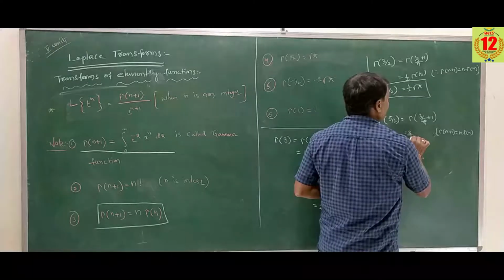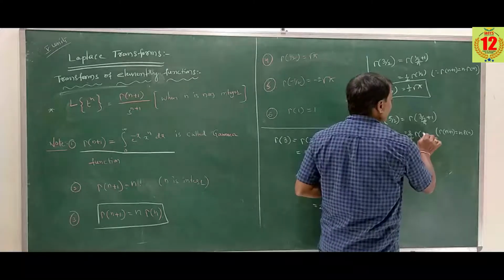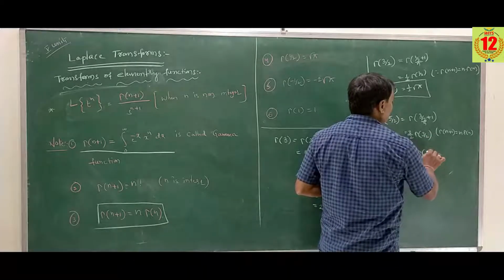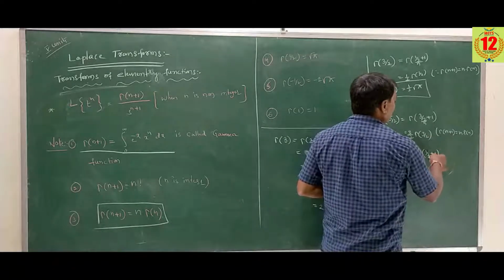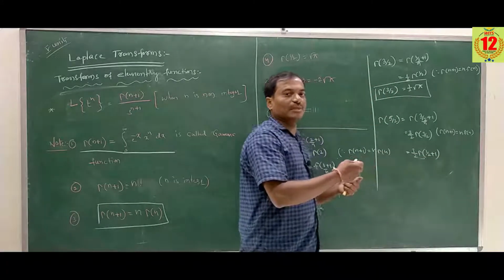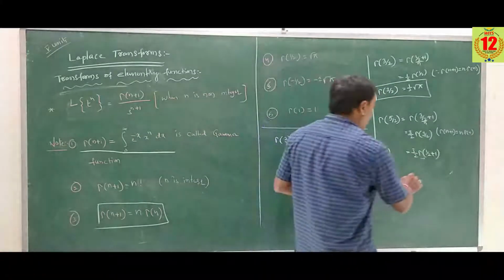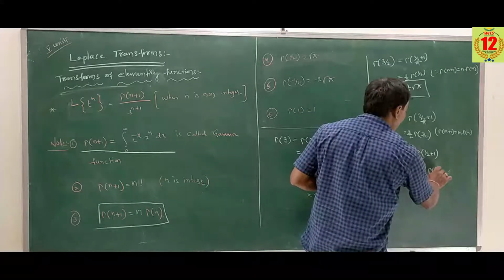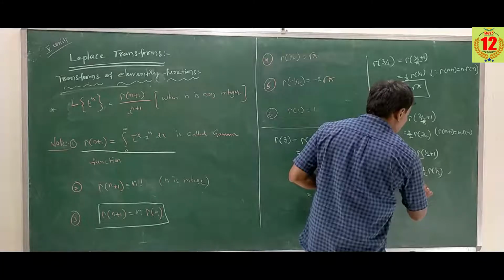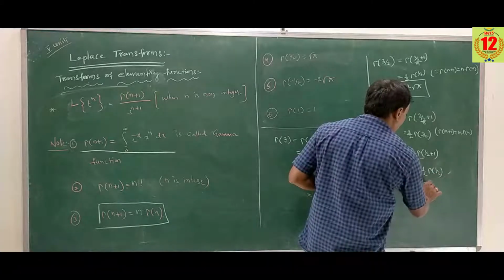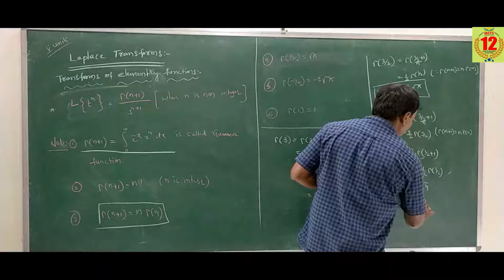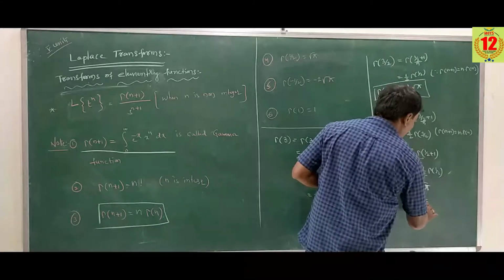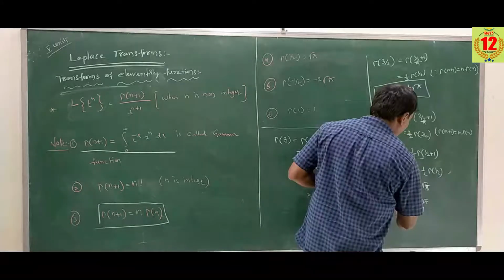So therefore, 3 by 2, gamma of 3 by 2. Again, this gamma of 3 by 2 can be expressed as 1 by 2 plus 1, means it is expressed in gamma of n plus 1 form. And this is equal to 3 by 2 into 1 by 2, gamma of 1 by 2. And this is 3 by 4, gamma of 1 by 2 equal to root pi. So therefore, this value equal to 3 root pi by 4, gamma of 5 by 2.